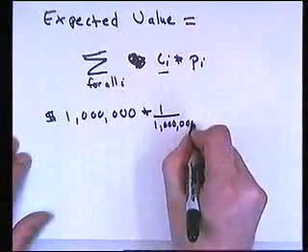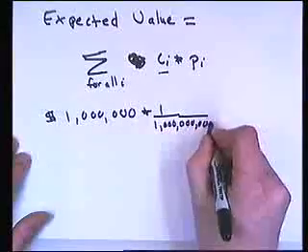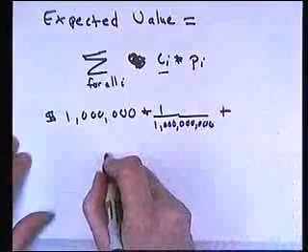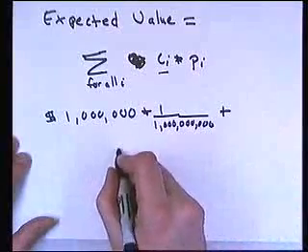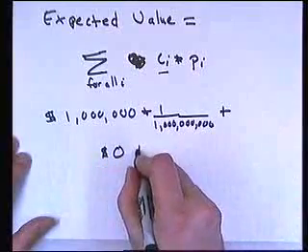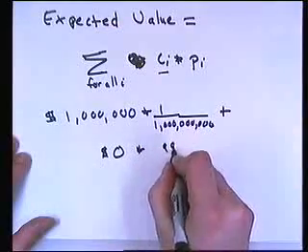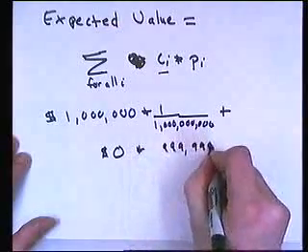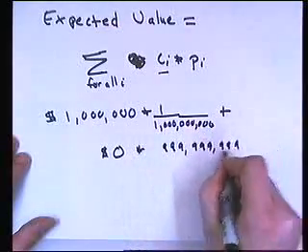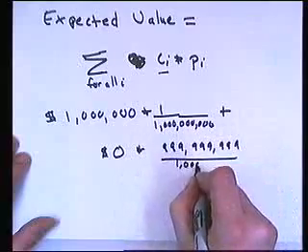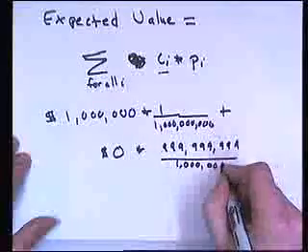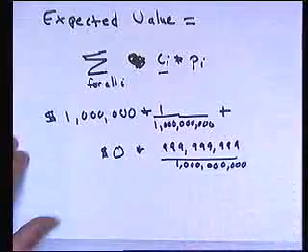So let's say those are your odds in this particular lottery. Plus, what's the cost of the other alternative? Well, you may also win $0, and the chance of that happening is pretty much 999,999,999 over a billion, because you either lose or you win. So if that's the chance you lose, this is the chance you win.